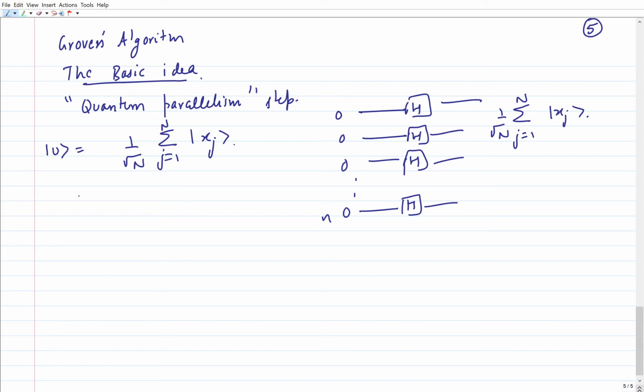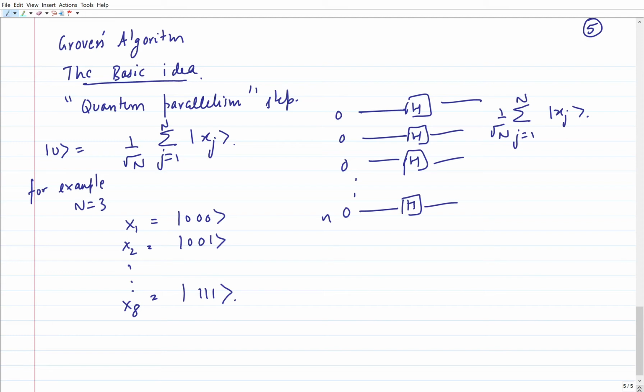So for example, for n equals 3, you'll have x1 to be 0, 0, 0, x2 would be, for example, 0, 0, 1, and x8 is going to be 1, 1, 1.